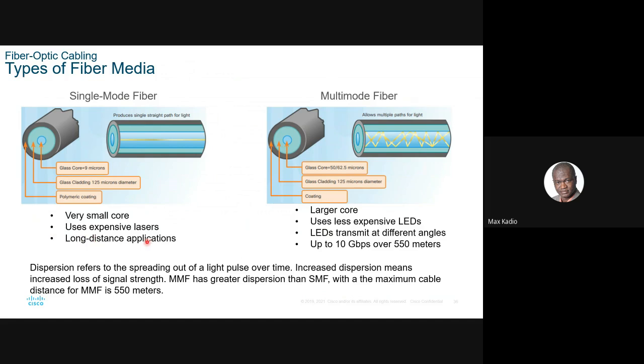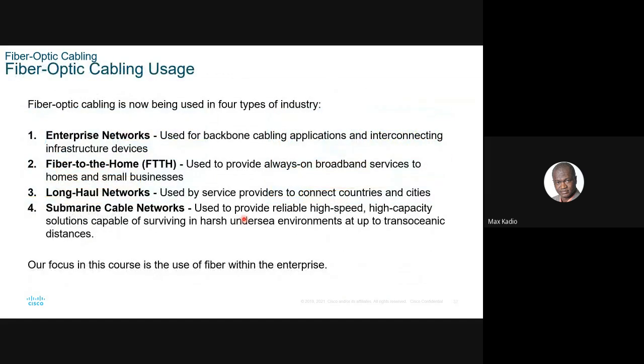It's for long distance, and the speed is very fast. So we have two types of fiber. You can check, and the connectors are also different. We have many types of connectors. Where can you use fiber? In a company, your ISP, fiber to home, and submarine network cables.